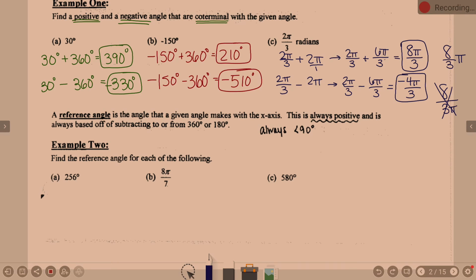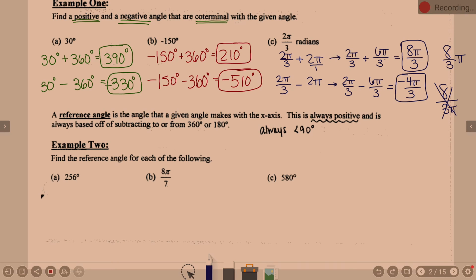Moving on to the bottom there. Another vocabulary word, and this is a hugely important vocabulary word as we continue on in pre-calc, and that's reference angle. A reference angle is the angle that a given angle makes with the x-axis. When we're given these other angles, we start at 0 and measure around the circle.